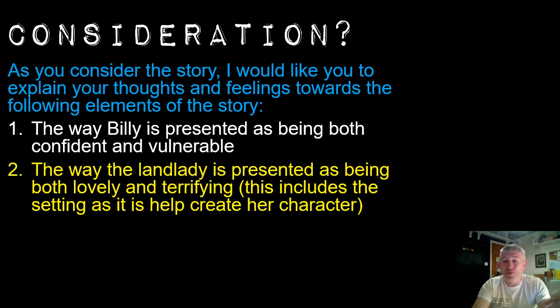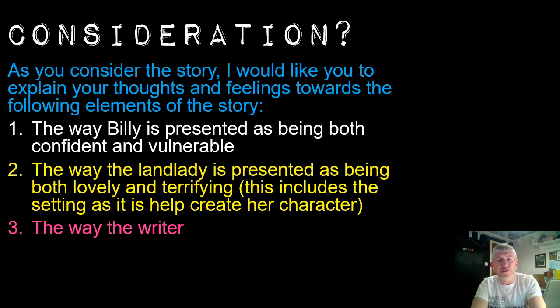So for the second part of this reflection, think about how the writer makes her seem lovely and terrifying. Like we did with Billy, go back to the text, focusing just on the landlady, noticing the bits that make her seem lovely, and then the clues or little details that make her seem terrifying. That's the focus on character.